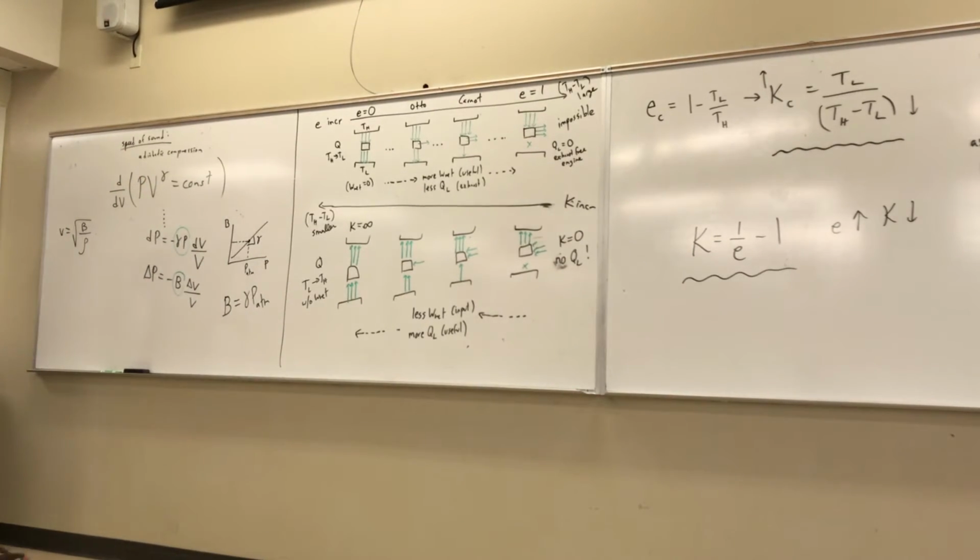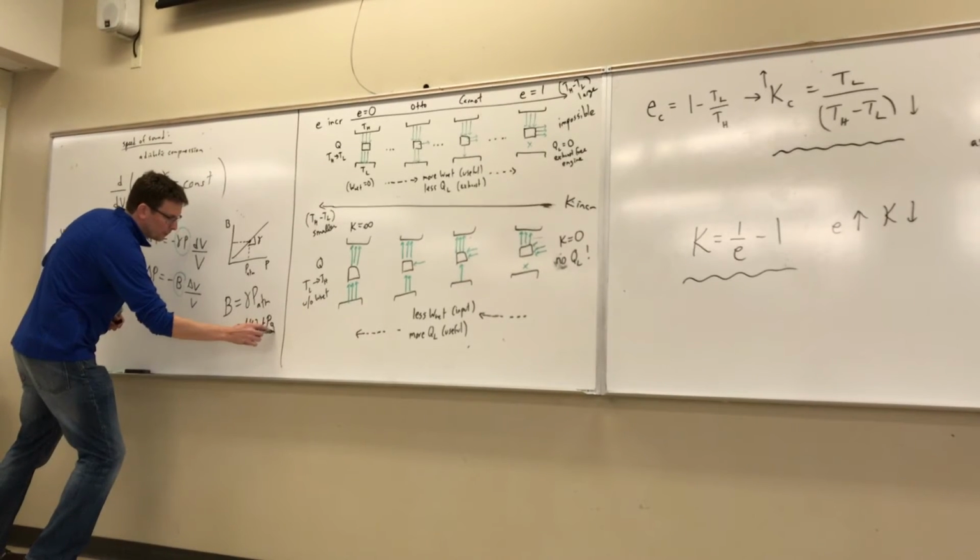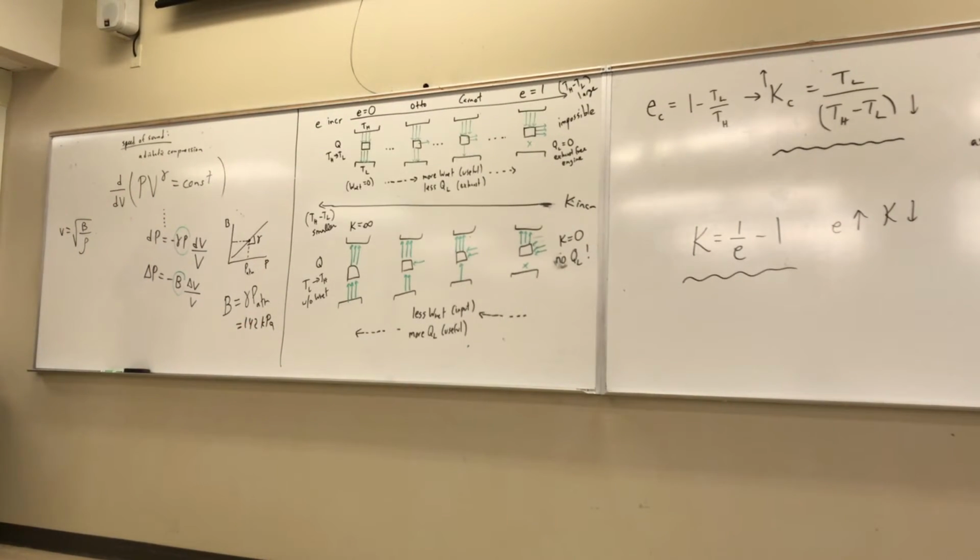If you do that, you'll get 142 kilopascals. That is, by the way, on your equation sheet on the data page. You'll notice that marked at the very corner in the bulk modulus table.